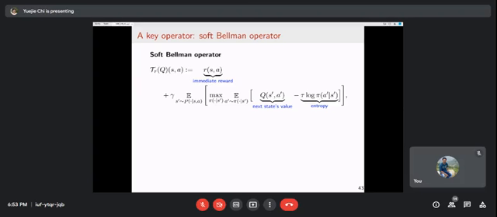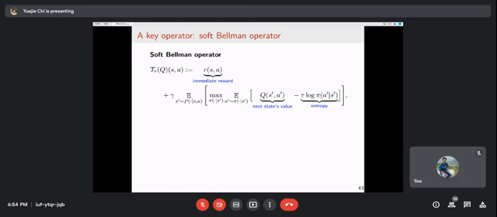And before I move forward, I just want to mention one very interesting thing, because it helps to tie this classical dynamic programming with this more modern policy optimization algorithm with entropy regularization.